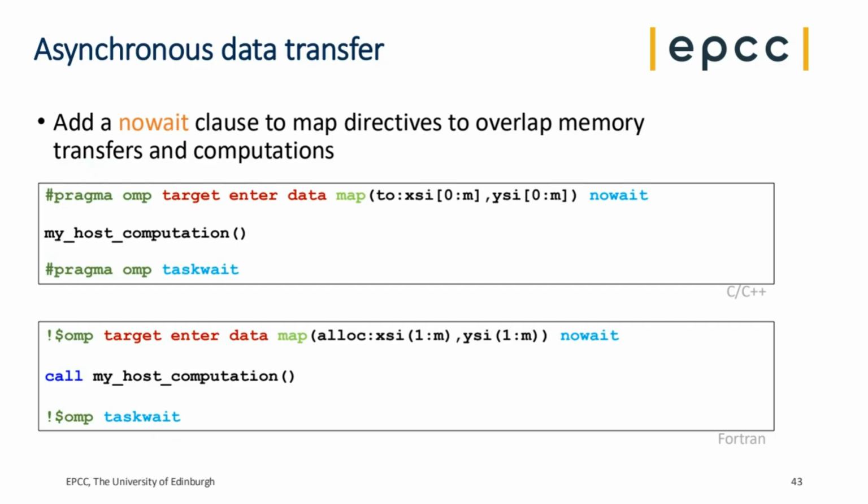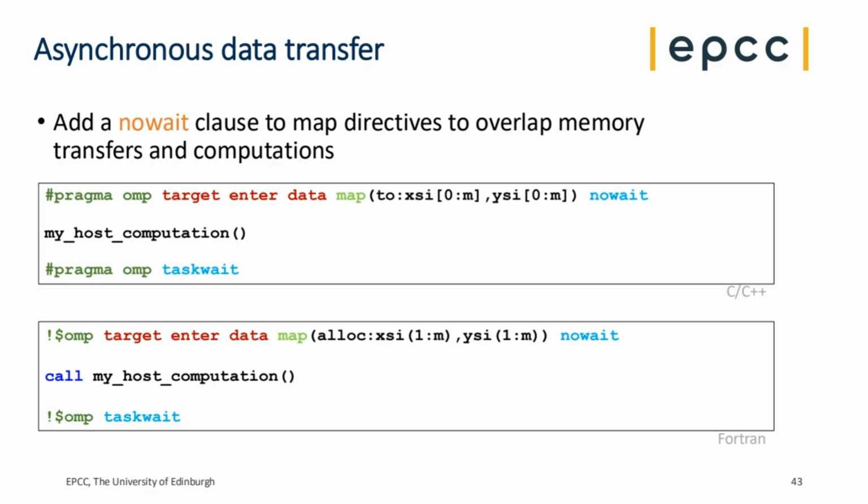This is an example of mapping 2 arrays to the device, XSI and YSI of size M. You can specify nowait, which means control passes immediately back to the host, and then you're free to do whatever computation. There may be some computation you need to do on the host. Maybe you need to prepare the data for the next kernel that you are going to launch.